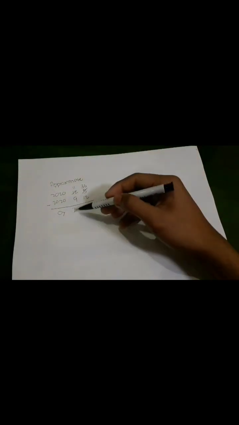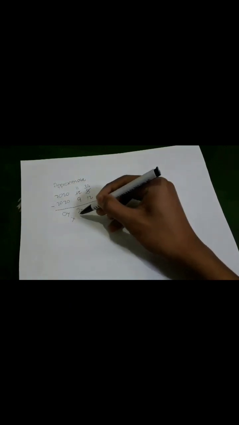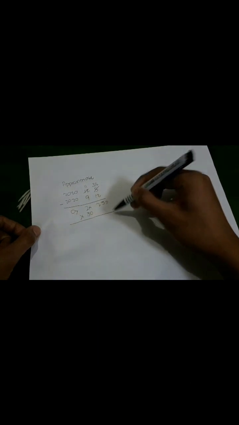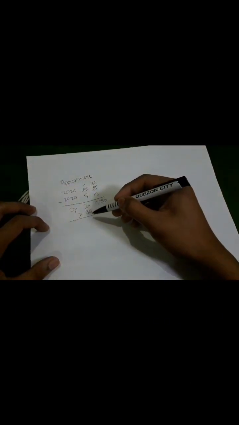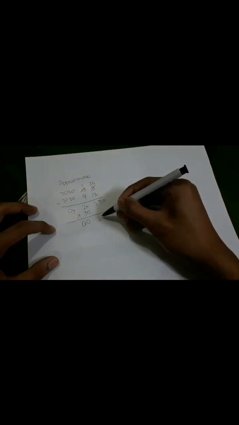Let's get back to it. We need this to be presented into days. So, we will multiply it by 30 to get the days. 2 times 30 is equal to 60, and bring down this 23 days.